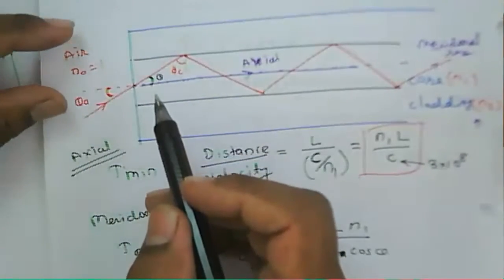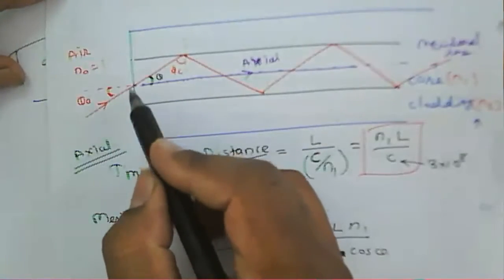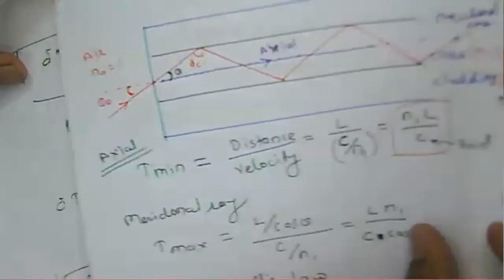What will be the large core area of a fiber? According to that, the acceptance angle is large. That's why the delay difference depends upon the numerical aperture of a fiber.